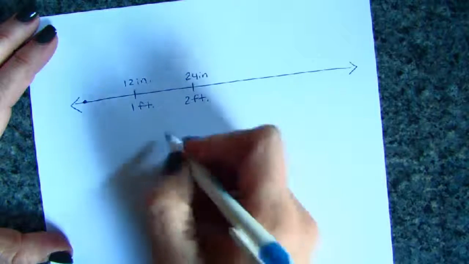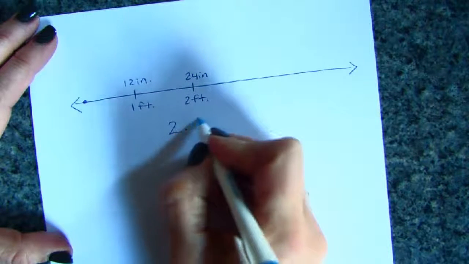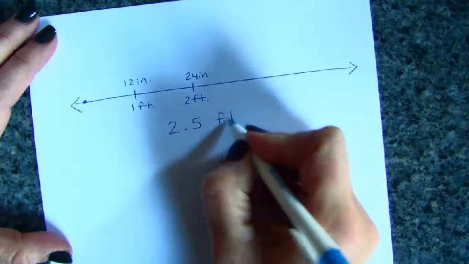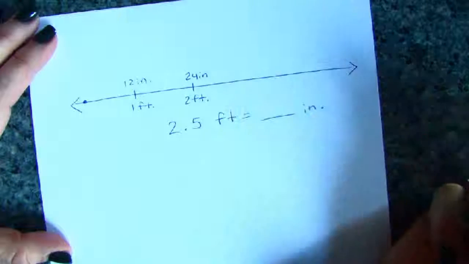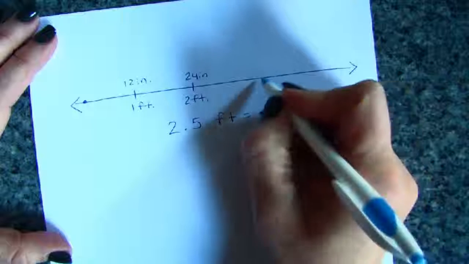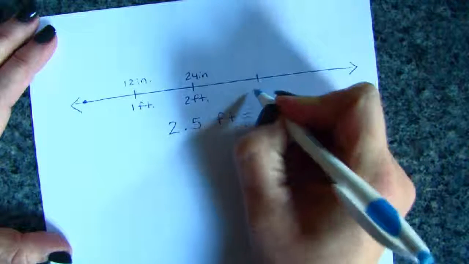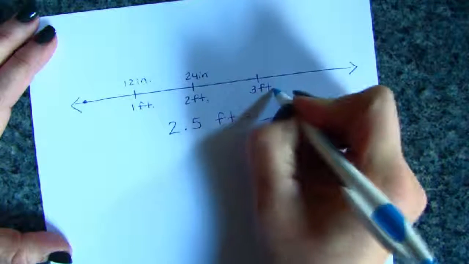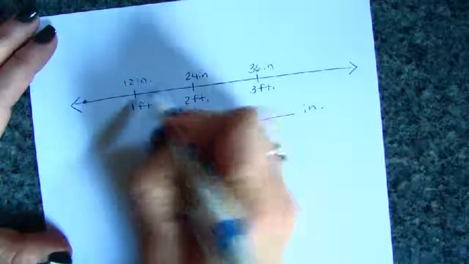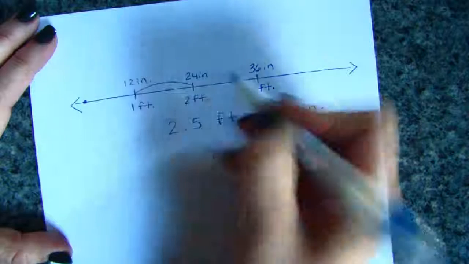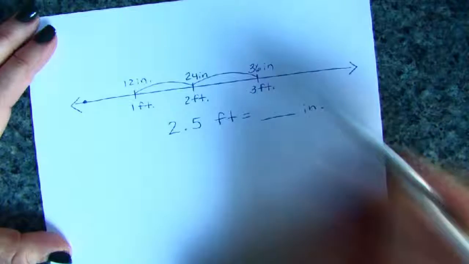Now they're trying to figure out 2.5 feet. What is that equal to? How many inches? So they could make another equal distance jump for 3 feet, and realize that that is 36 inches. So we're going up by 12, plus 12, plus 12.